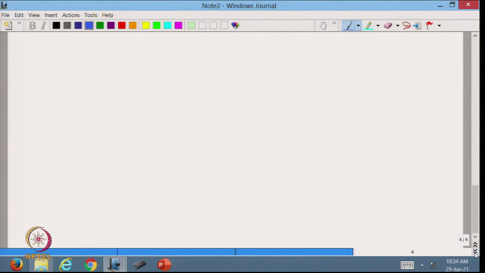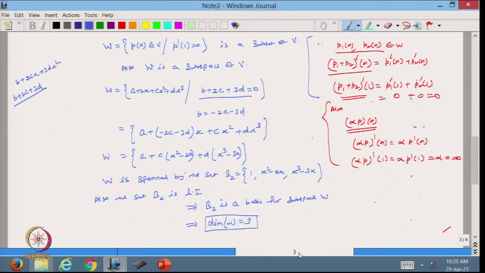Now, again the same way, since W is a subspace of V, we can extend B2 to a basis for the vector space V. Since this contains the second degree polynomial, third degree polynomial and the constant term, x is not there.